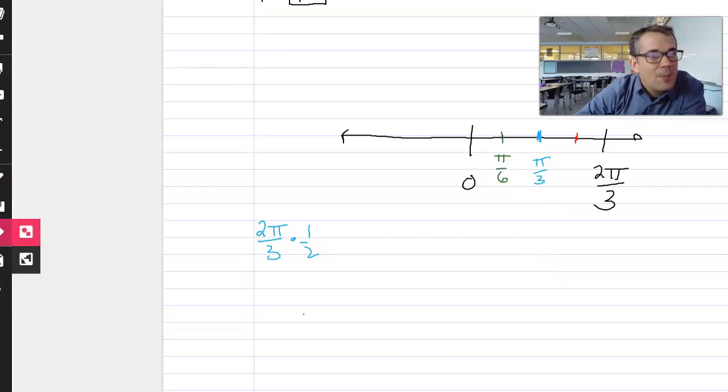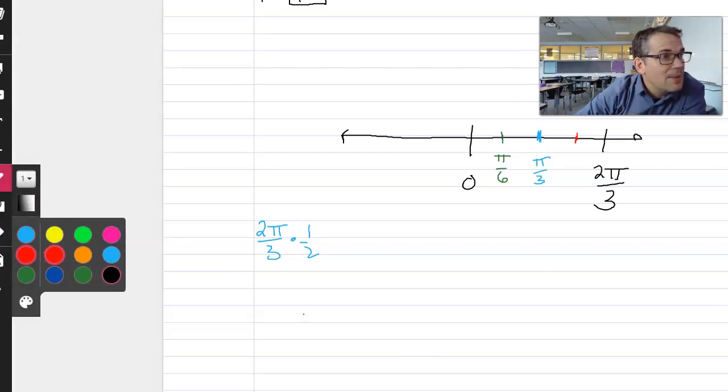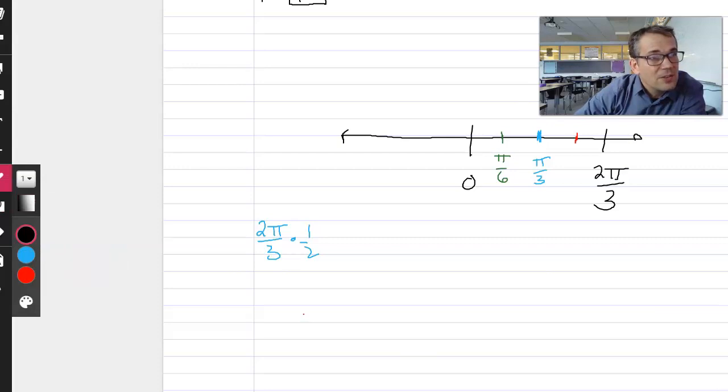To find the halfway point between the blue and the black, it's rough, unless, my friend, you start using fractions like a smarty pants. What I'm going to do is rewrite all of these fractions with the same common denominator, and when I do that, you'll see a beautiful pattern unfold. As I look at this green, blue, and black fraction, I can see the common denominator is going to be 6.